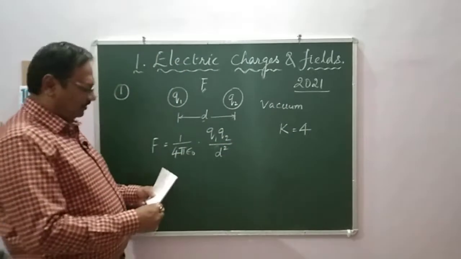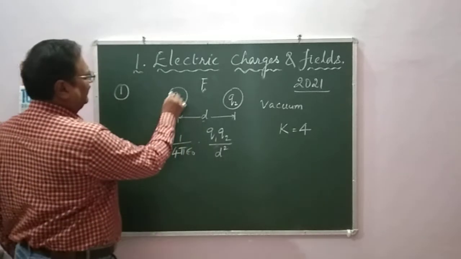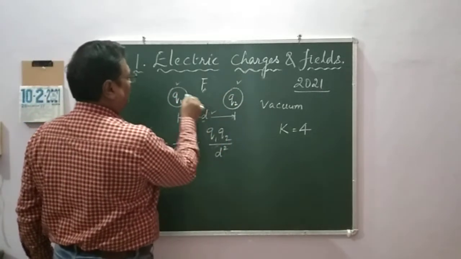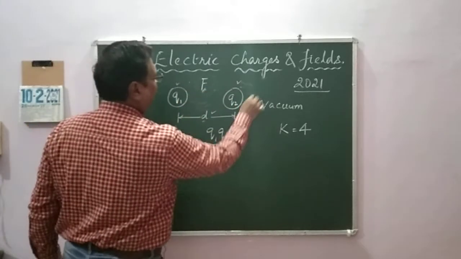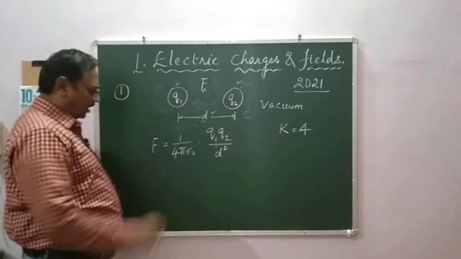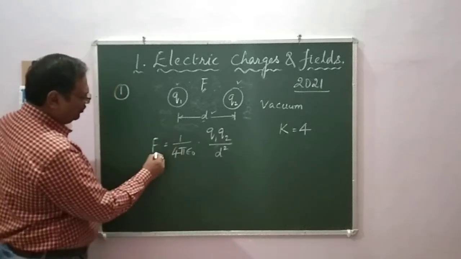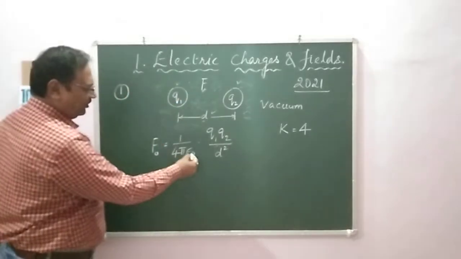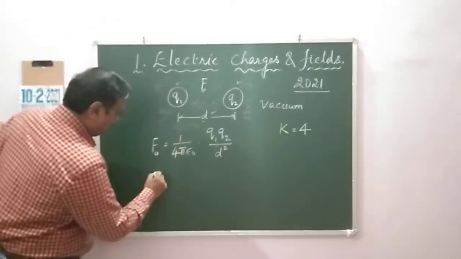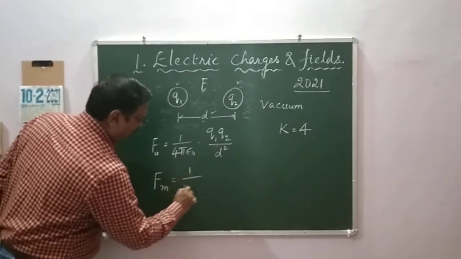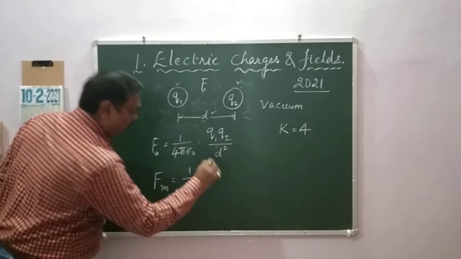Now, the charges are the same, the distance of separation is the same, but I am going to place it in a medium of dielectric constant 4. So how will the formula change? I will call this F0 because I have used epsilon naught, and F in a particular medium is equal to 1 upon 4 pi epsilon.